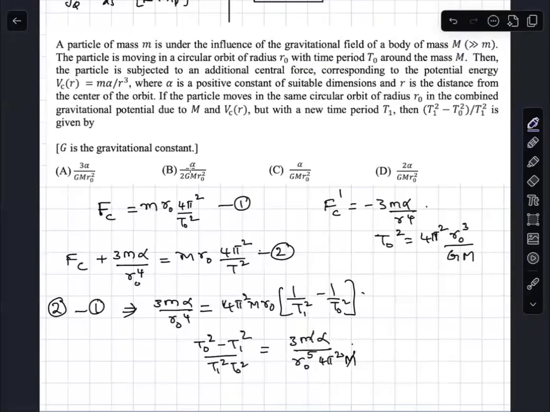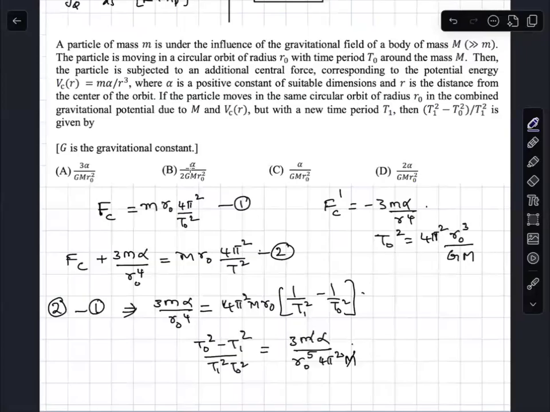In this case, the particle is subjected to an additional central force corresponding to a new potential energy, defined as m alpha by r cube, where alpha is a positive constant of suitable dimensions, and r is the distance from the center of the orbit. If the particle moves in the same circular orbit of radius r0, in the combined gravitational potential due to M and this new potential, both, the new time period is T1.